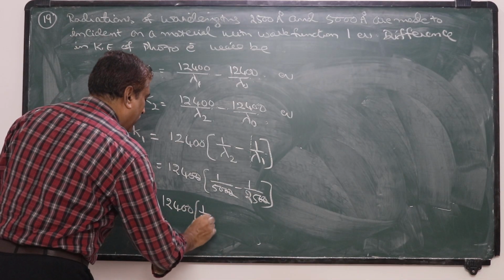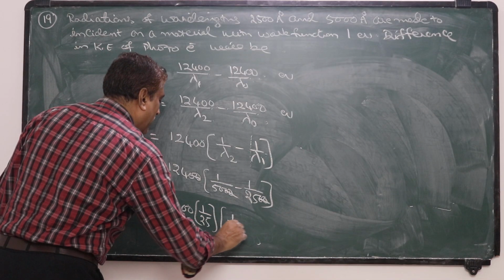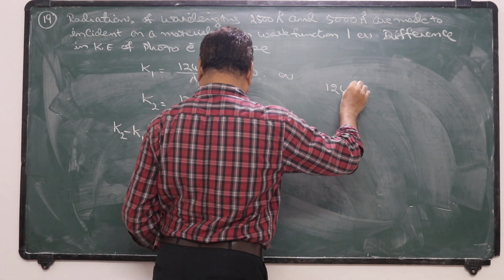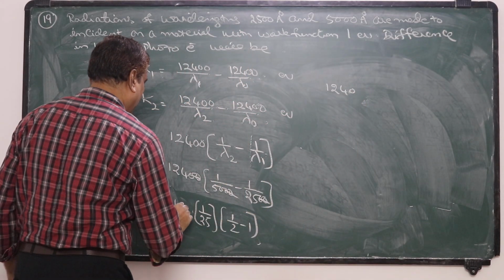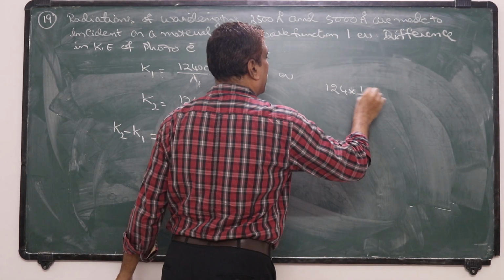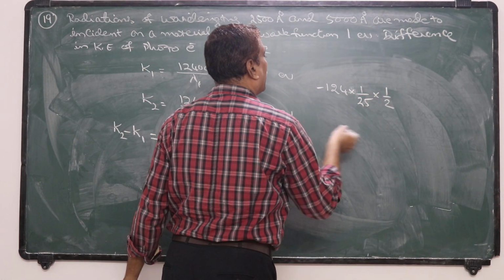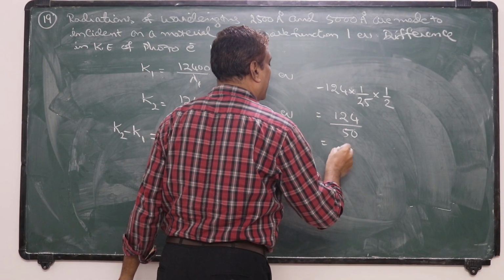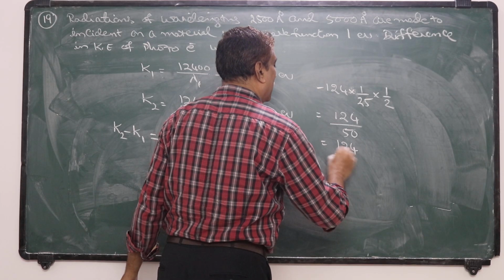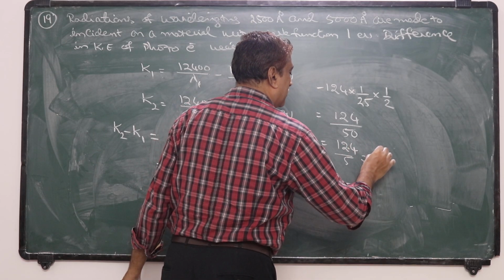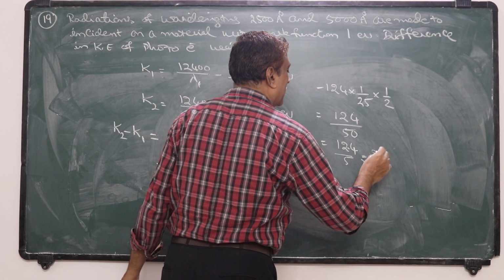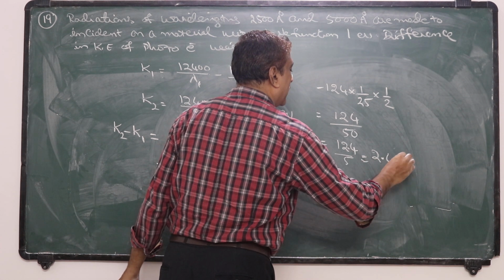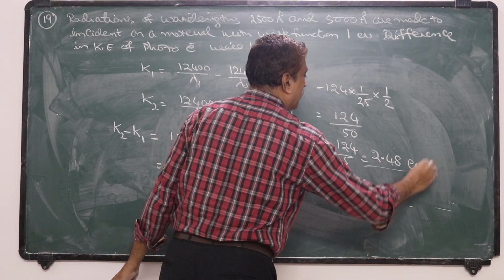If you take 1 by 2500 common, then we can write it as 1 by 2 minus 1, that is minus half. So 1 by 2500 into 1 by 2 is 5000, so 12.4 by 5, that is approximately 2.48 electron volt.